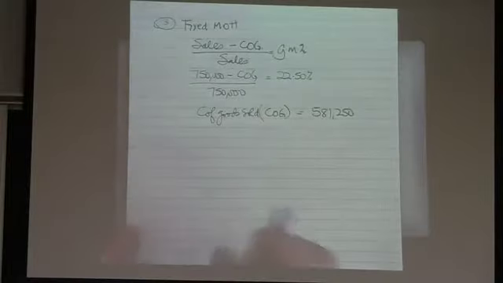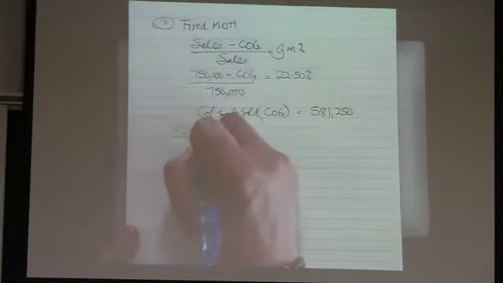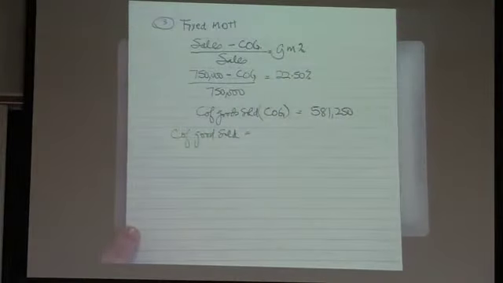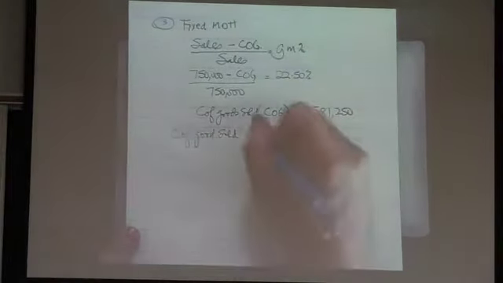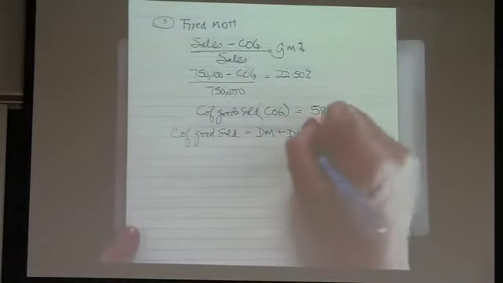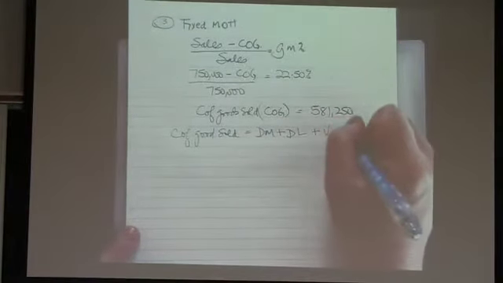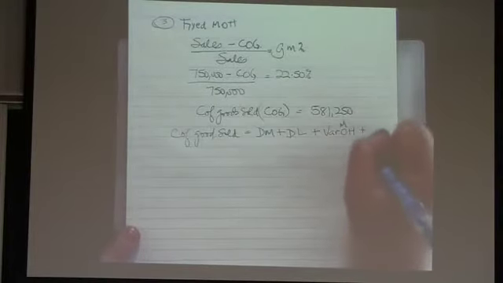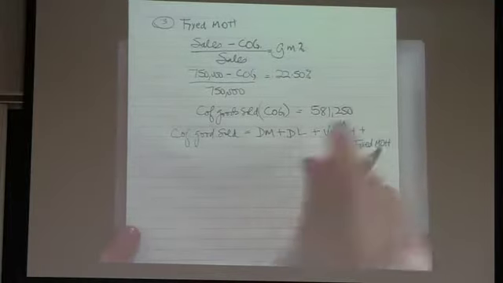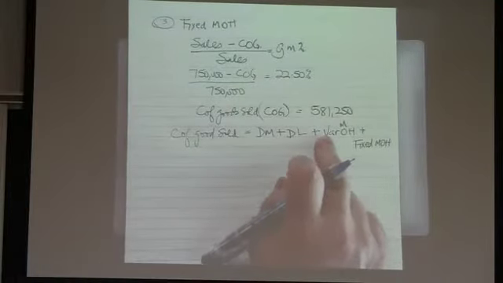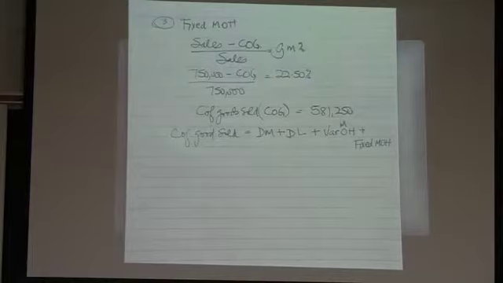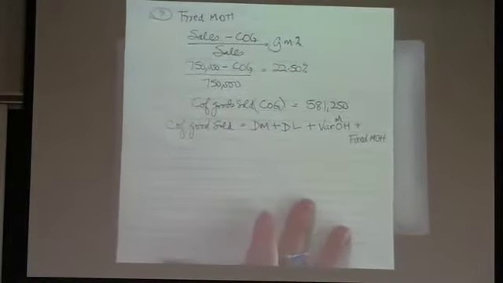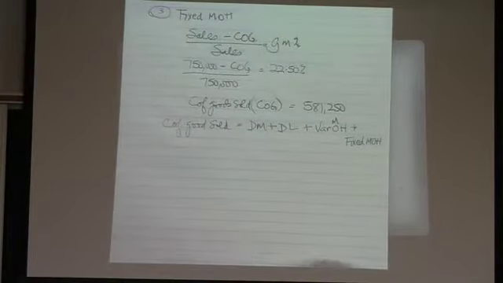Now, we do know that cost of goods sold is any cost associated with your manufacturing, which includes direct material, direct labor, plus variable MOH, plus fixed MOH, isn't it? And we know what variable overhead is, we do know direct material, we do know direct labor. So we do have all the elements, don't we?